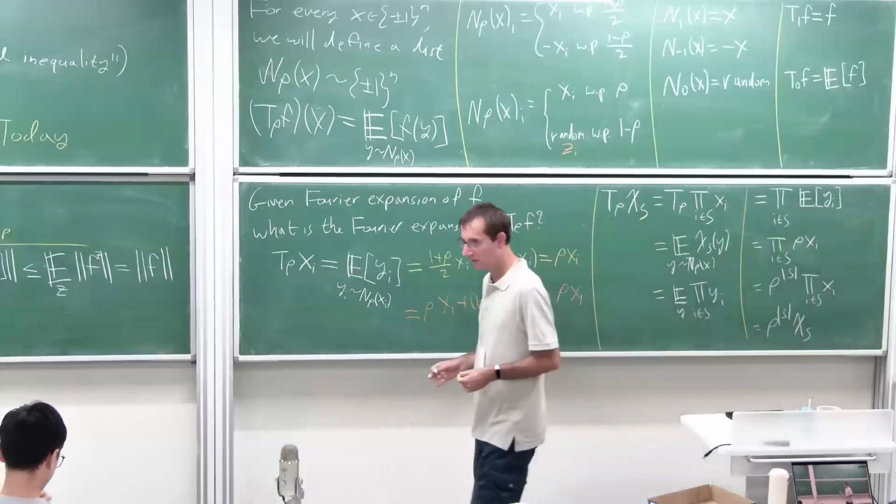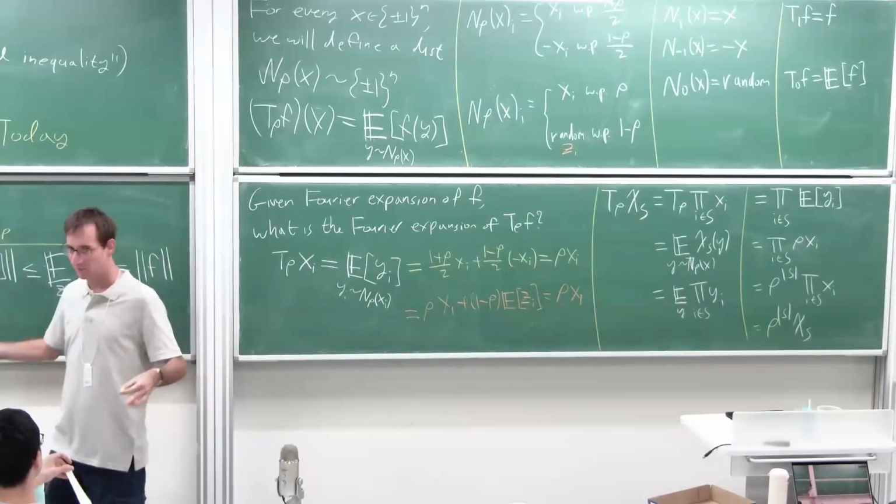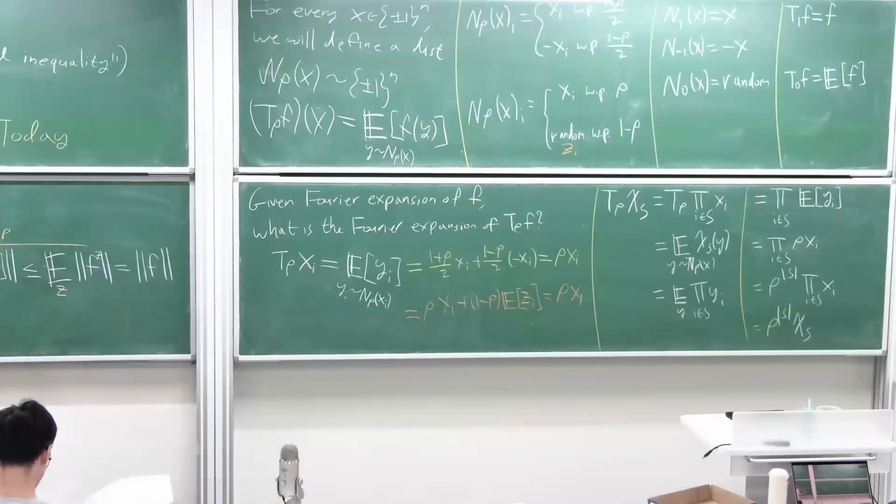This is really a very easy calculation, everything is multiplicative because everything is independent.